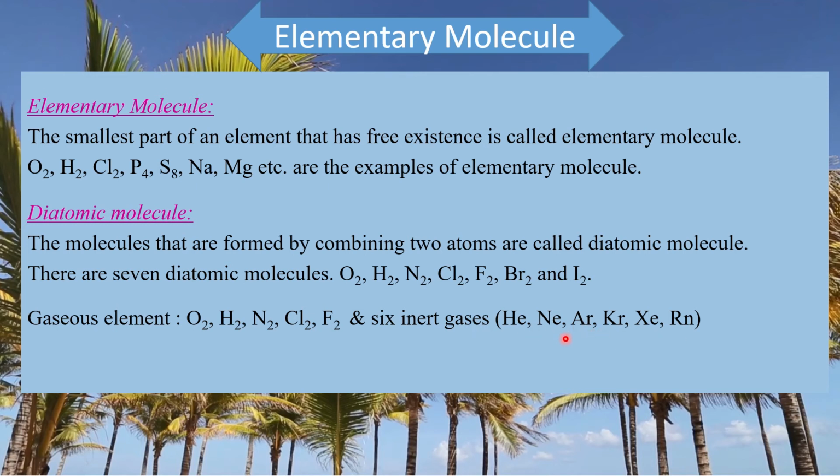These are not diatomic. So of the gaseous molecules, these 5 are diatomic and these 6 are monoatomic. There are a total of 11 gaseous molecules, but there are 7 diatomic molecules, of which 5 are gases, 1 liquid and 1 solid.